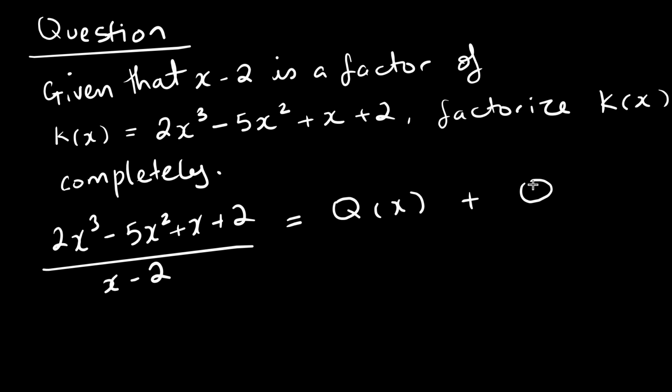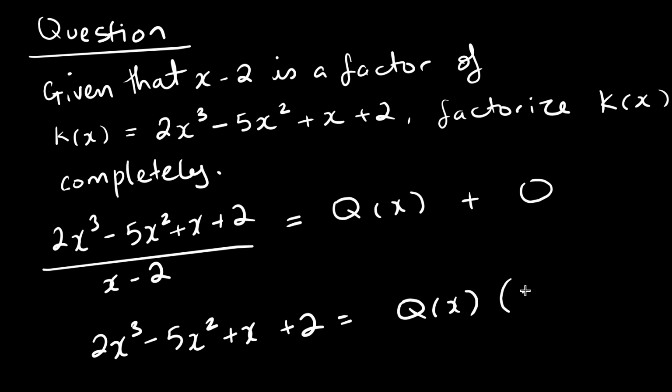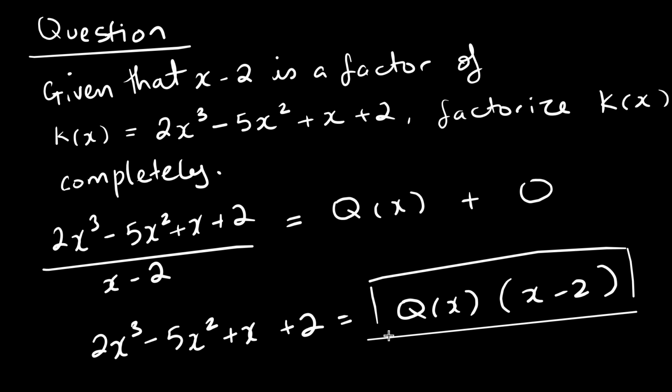All right, so effectively we could literally say that 2x cubed minus 5x squared plus x plus 2 is equal to whatever our answer is times our divisor. And this section over here is actually the factorization that we want, right?